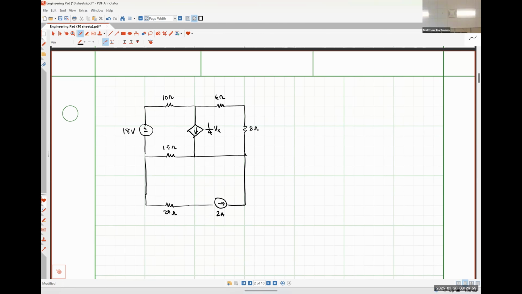And let's make the voltage Vx be, let's make it challenging: the voltage between these 2 node points in our circuit.